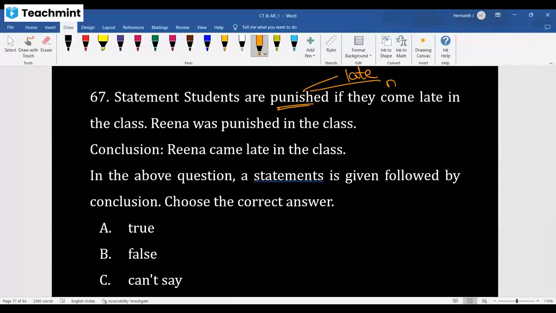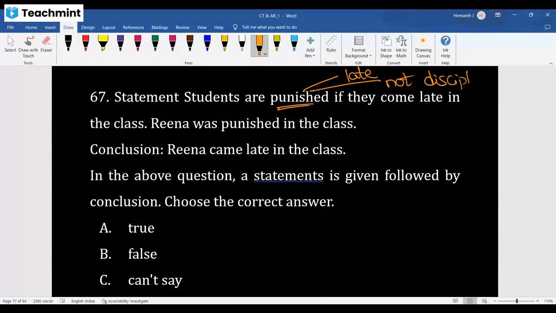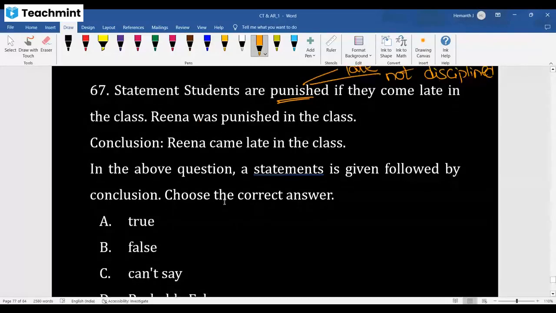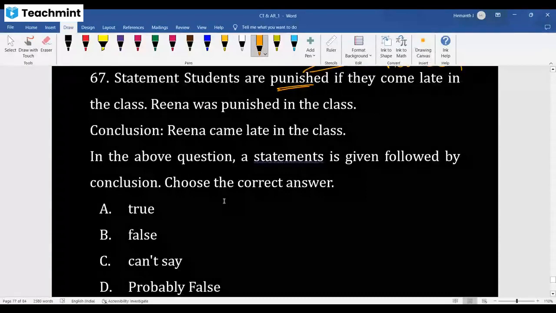There are many misbehaviors. Not disciplined also they may punish, right? So here they didn't mention only if they come late then only punished, but they didn't say that. So can't say Reena came late in the class. Okay, it's not true. Can't say.